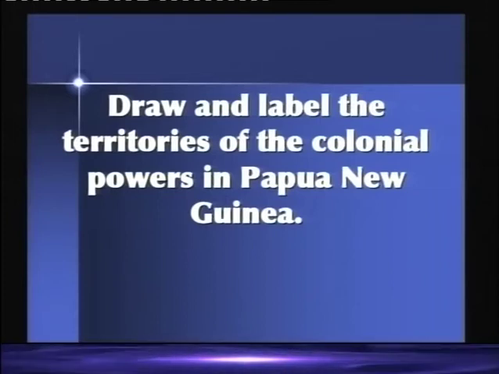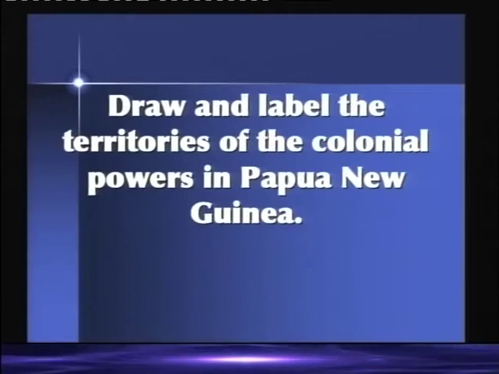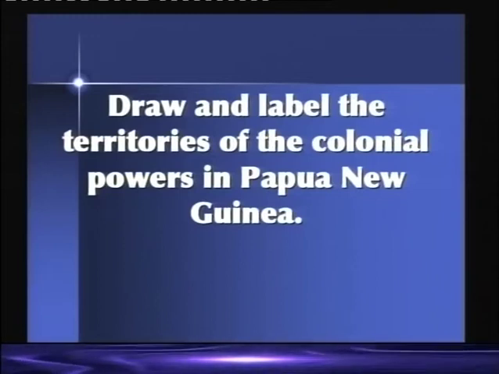In your exercise book, your activity for now, you're going to come up with a map of Papua New Guinea and you are going to draw the territories of the different colonies in Papua New Guinea.